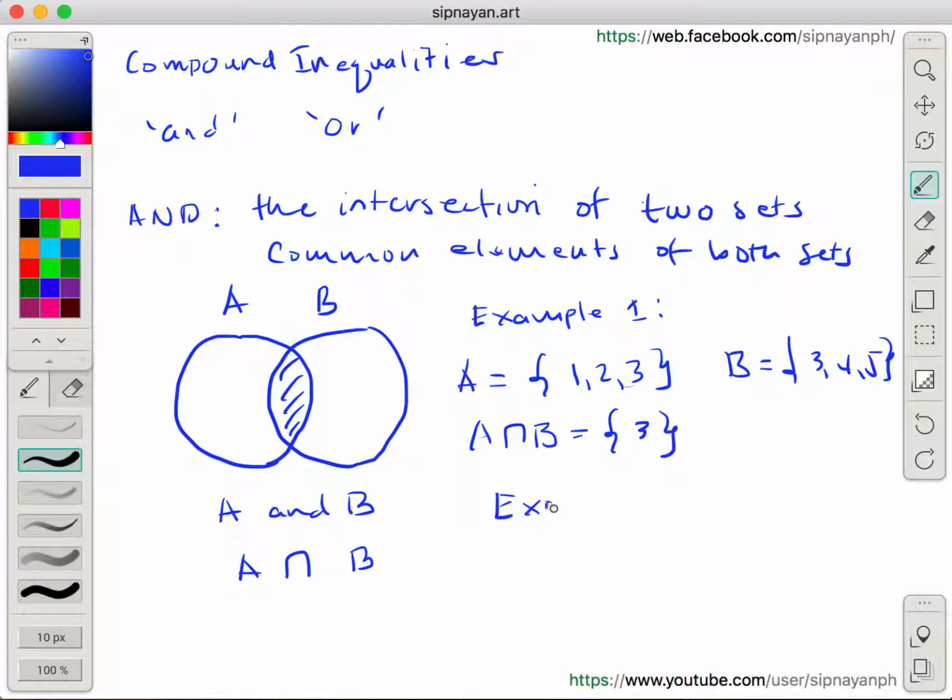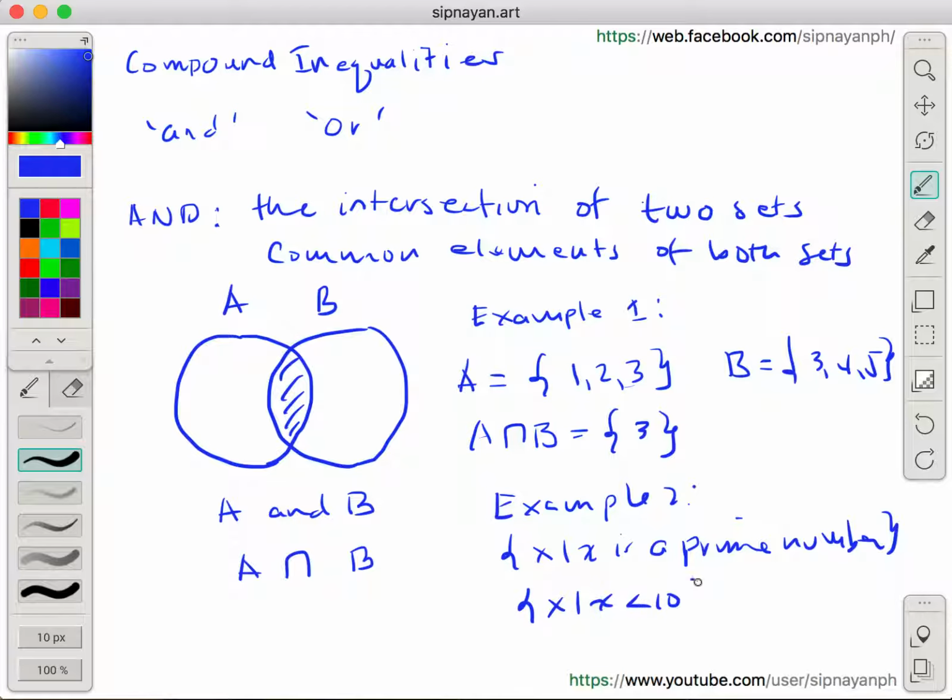And number 2 is, for example, x such that x is a prime number. Do you know what a prime number is? Those are the numbers which are only divisible by 1 and themselves. And then x such that x is less than 10.